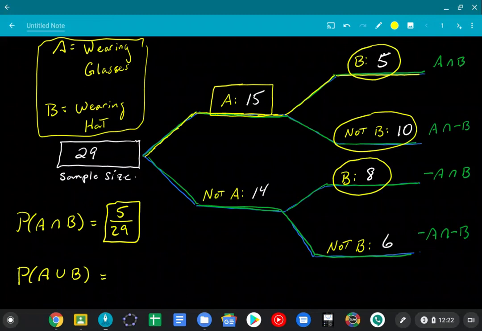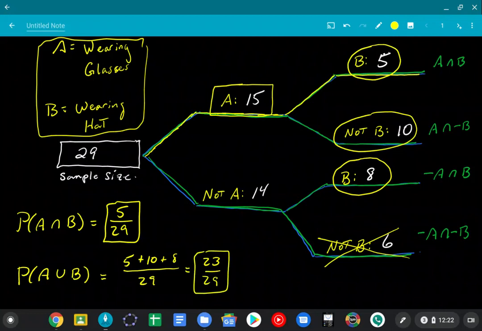The only people that can't come to this party, which seems like a strange thing to say, are the people who don't have a hat or glasses. So we have a total of 5 plus 10 plus 8 over 29. That's going to be what, 13, 23? 23 over 29. And again, turn that into a decimal or a percentage, whatever you like.